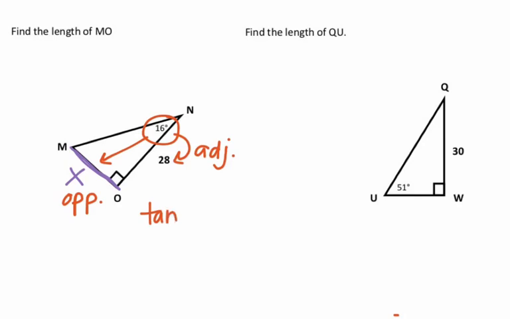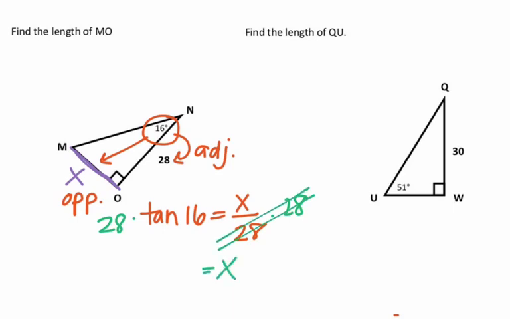So tangent of 16 equals, and tangent is opposite over adjacent, so x over 28. And then at this point, it just becomes algebra. Multiply both sides by 28, because currently we're taking x divided by 28. And then we have x is equal to, go ahead, type that into your calculator, 28 times tangent of 16.